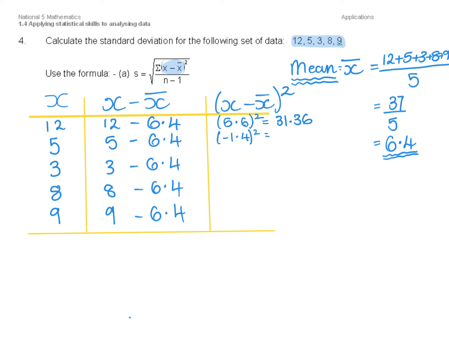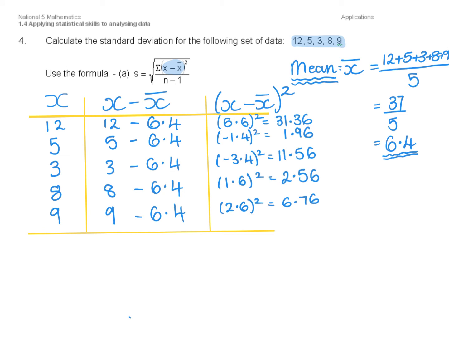Remember, a minus times a minus makes a positive. Now that's where it becomes important that you put your bracket around your negative number there. Okay, just going to carry on filling in this table. So the last column should end up looking a little something like this.